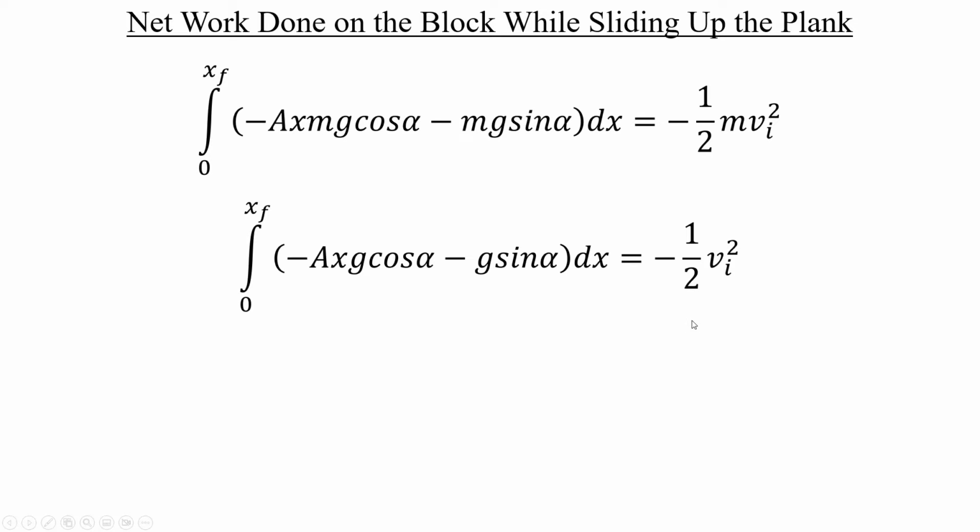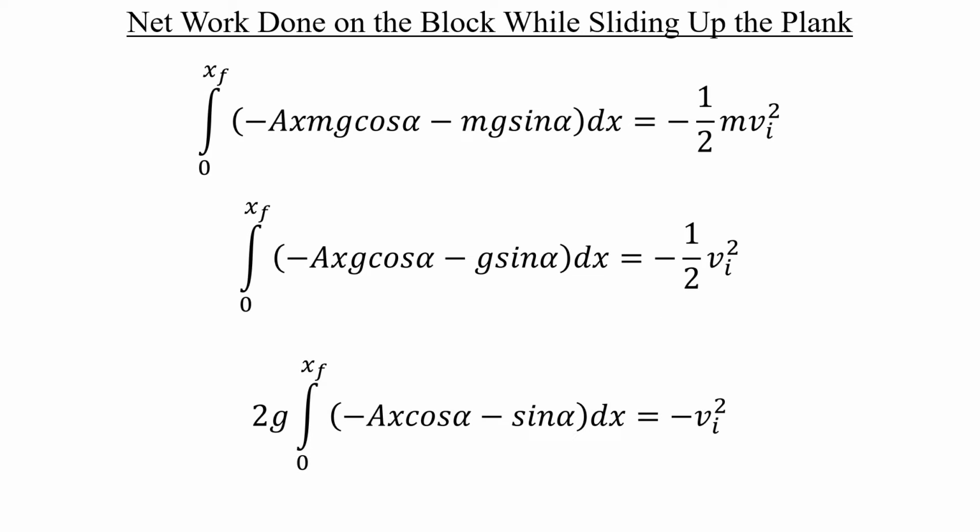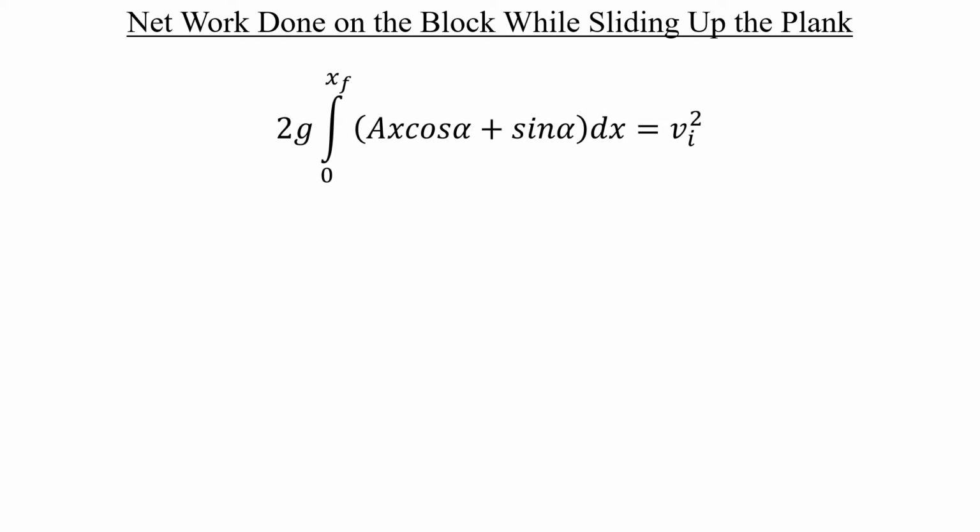Additionally, let's multiply both sides by 2 to get rid of this 1/2 factor on the right-hand side. I'm not a big fan of working with negatives when we don't have to, so let's also multiply both sides by -1. And that's all the simplification we can do here.